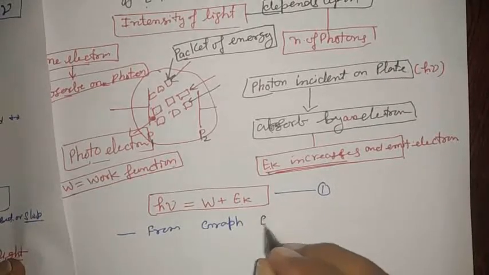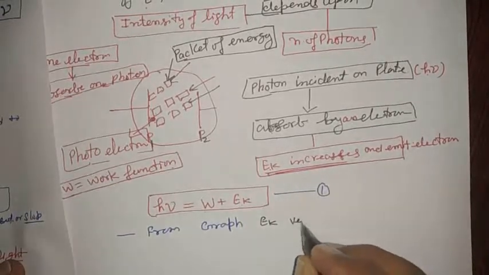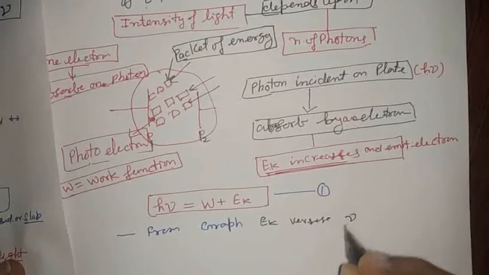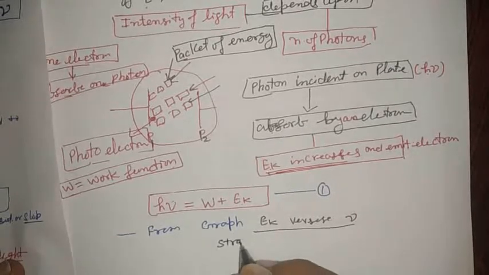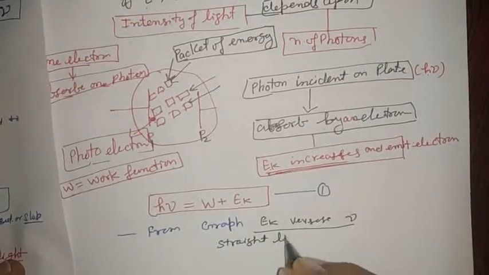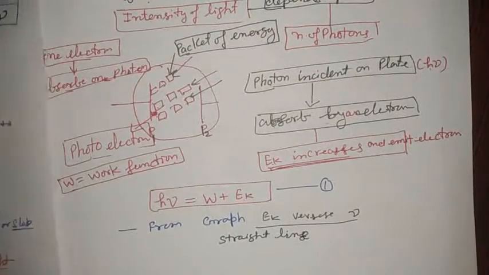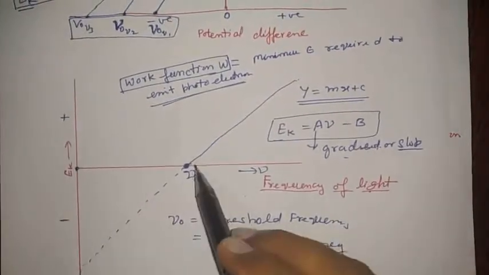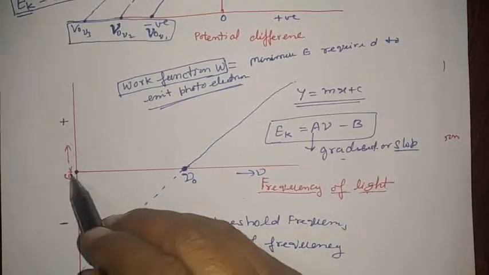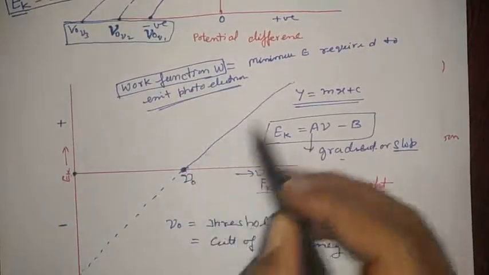Kinetic energy of electron versus frequency of incident photon. A straight line was obtained. What does this straight line say? On increasing the frequency, the kinetic energy of the emitted photoelectron increases.